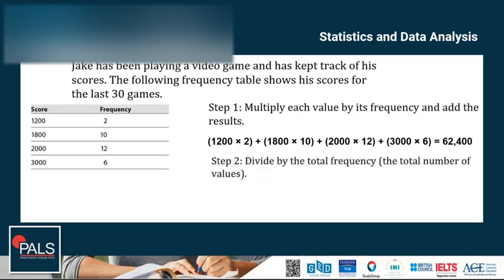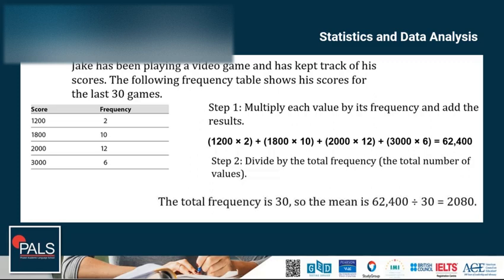Divide by the total frequency, so divide by the total number of values. The total number of values is 30, so the mean is 62,400 divided by 30, which gives us 2,080. So that is the mean, and how to find the mean.